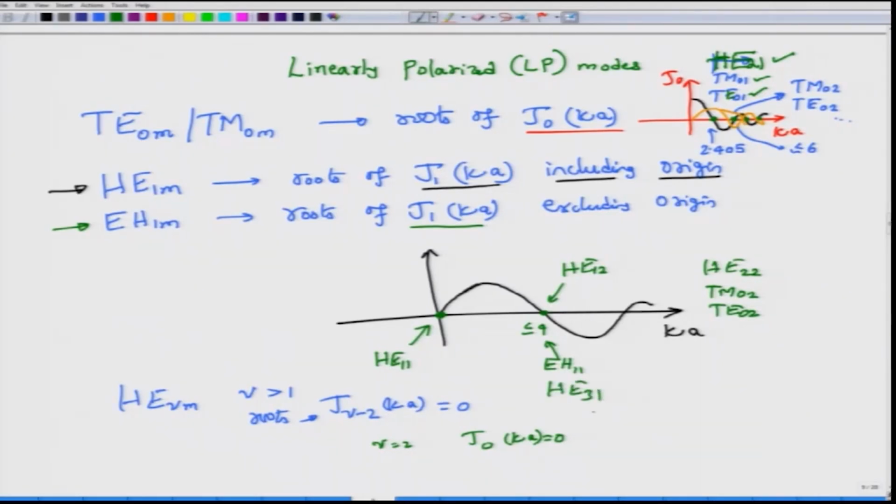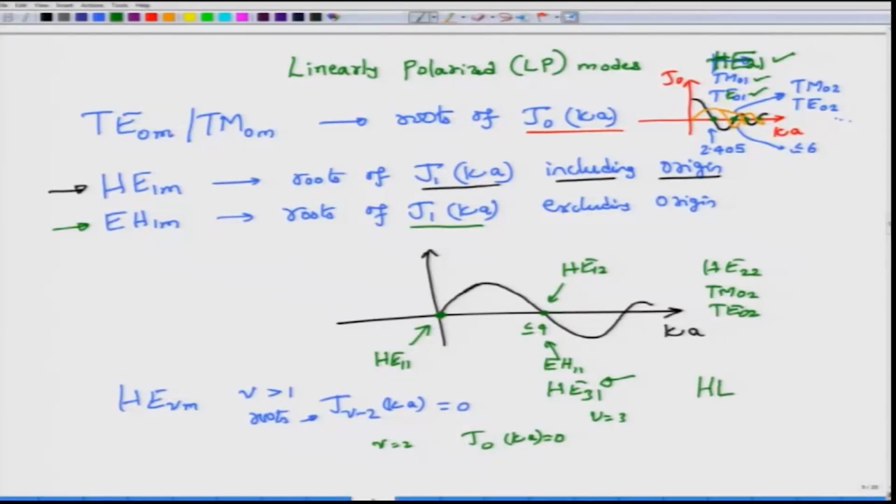Okay. Because for nu equal to 3, this would be the second root of J1 kappa A equal to 0, and therefore this would be HE31 mode as well. So, these are the modes that you get from solving the true characteristic equation. These are the proper modes and this is the mode hierarchy.